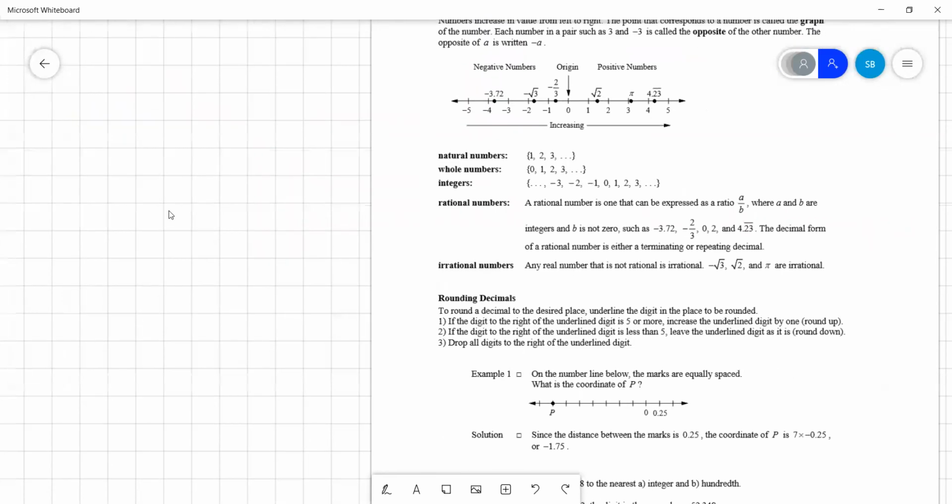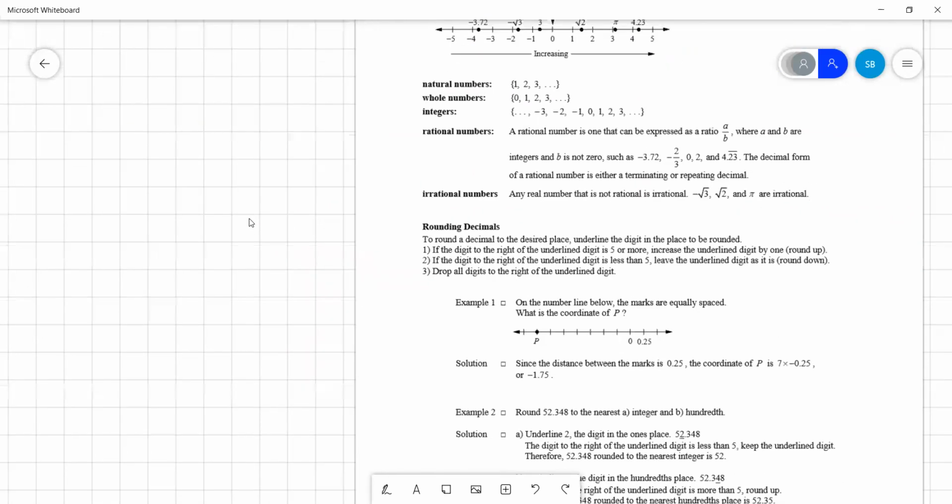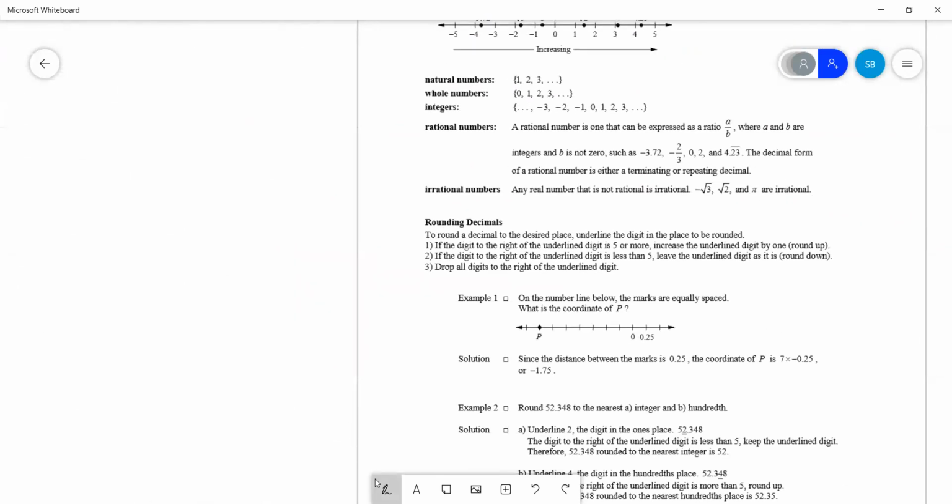So obviously you might have heard about different types of numbers. The first generation of numbers was simple. For example, you're buying some bananas, some oranges, some clothes.